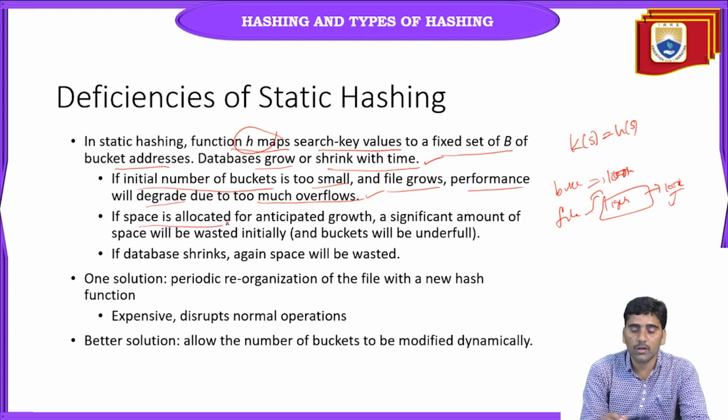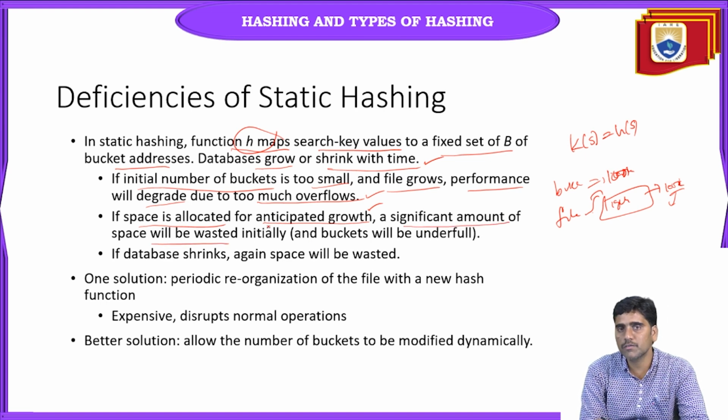If space is allocated for anticipated growth, a significant amount of space will be wasted initially, and the buckets will be underfull. That means the buckets are created but the files are not, so the space of the buckets created will be wasted.